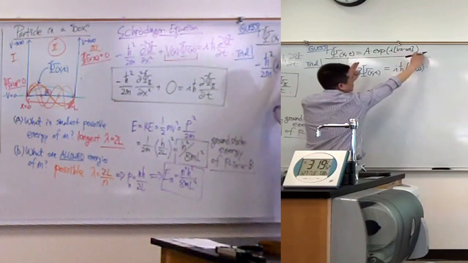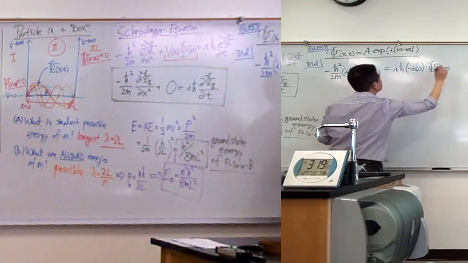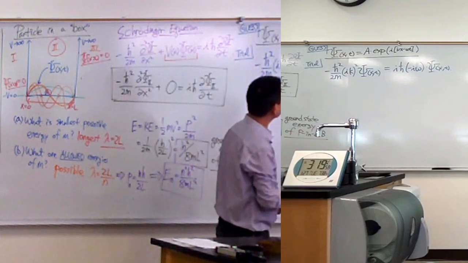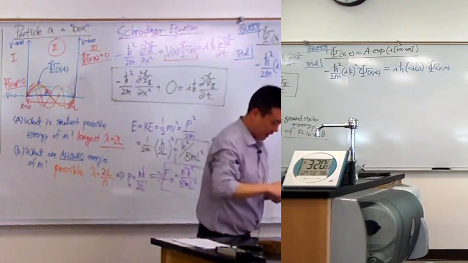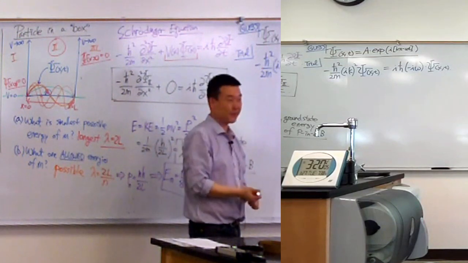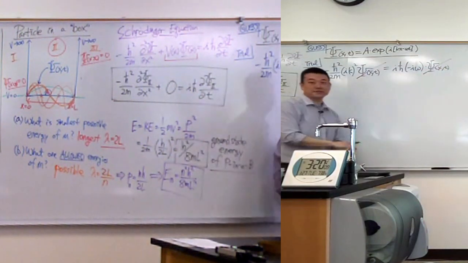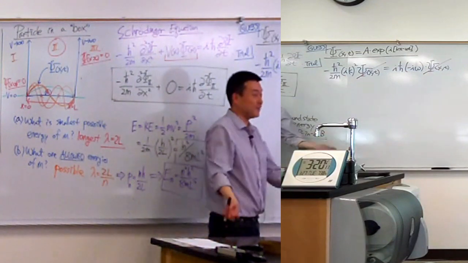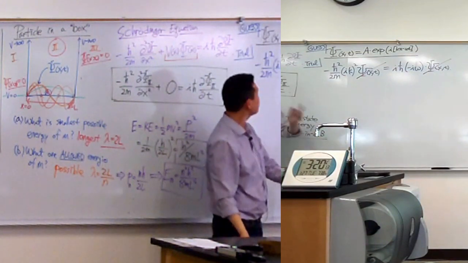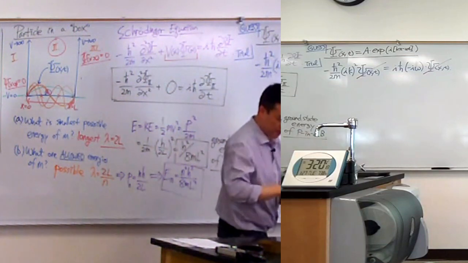And then I get the same function back again, psi of x,t. All right, so I see something that's promising. This is the nice thing about guessing an exponential. The functions are guaranteed to cancel out each time because none of the derivatives changed anything, right? So all I get are these coefficients that remain.